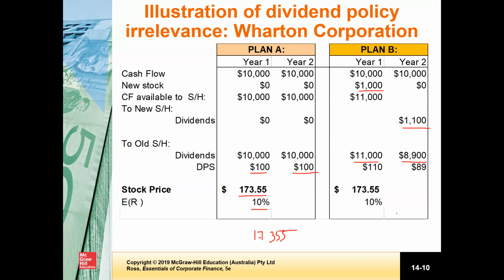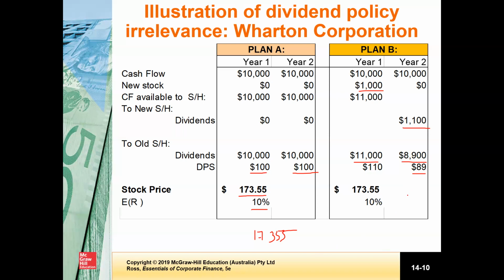So if you pay 1,100 to new shareholders, what you are left with is 8,900 for the old shareholders. The dividend to the old shareholders will therefore now be $89 per share. So 8,900 divided by 100 shares is $89 per share.